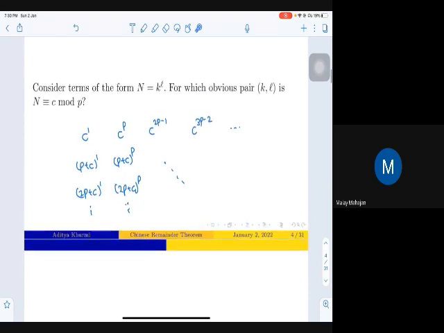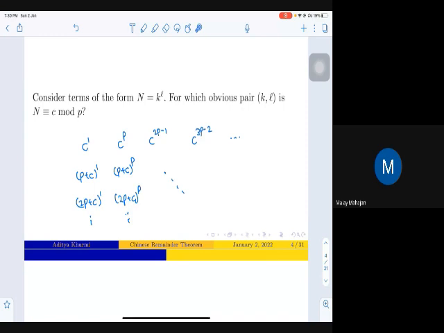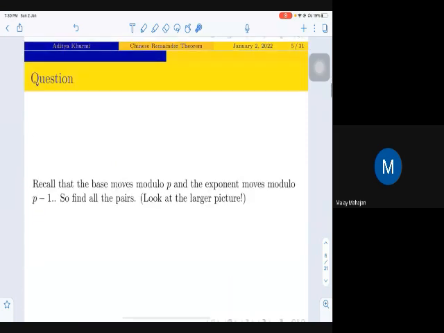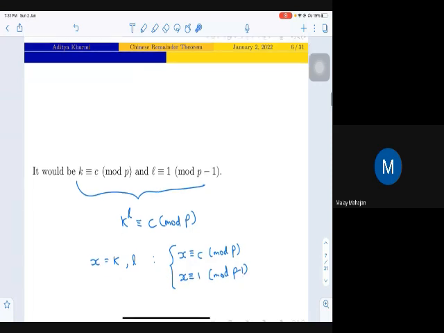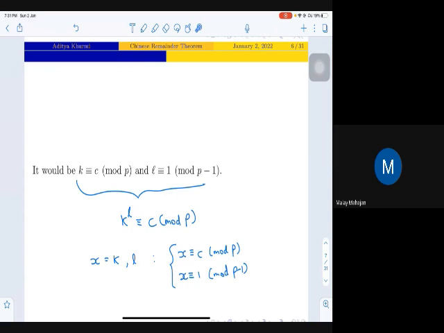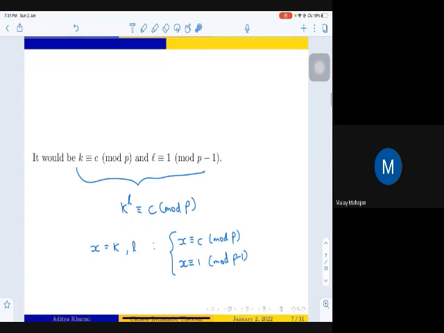And so any number of the form k raised to l, which is c mod p, could satisfy this. And if it satisfies both of these, then it satisfies k raised to l congruent to c mod p. And if we want k and l to be equal, then we set that equal to some x and find a solution to the system. And we have a solution using the Chinese remainder theorem, and that solution works.